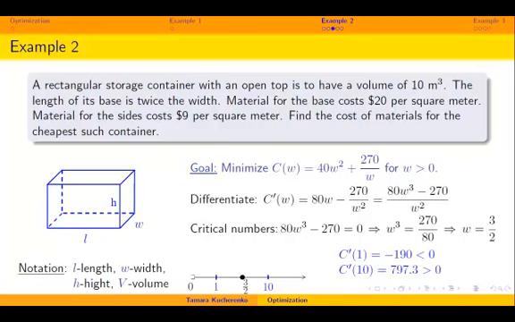We plug W equals 10 into C prime and get C prime of 10 equals 797.3.